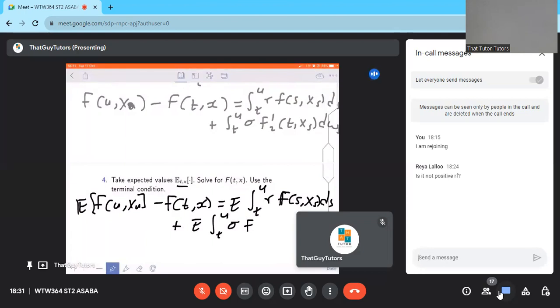Then you can simplify this. The step after the simplification is what I need to get to.